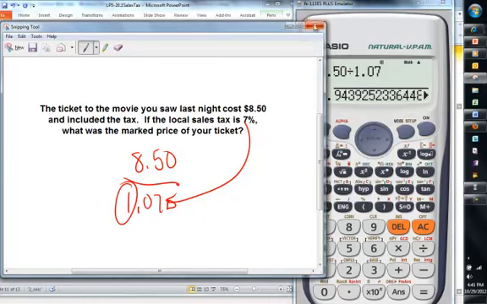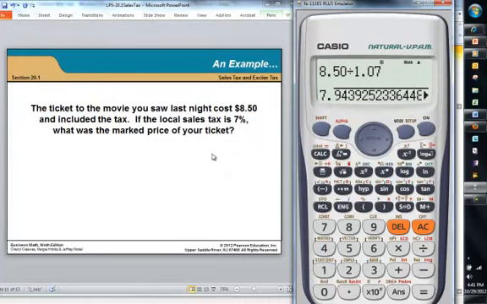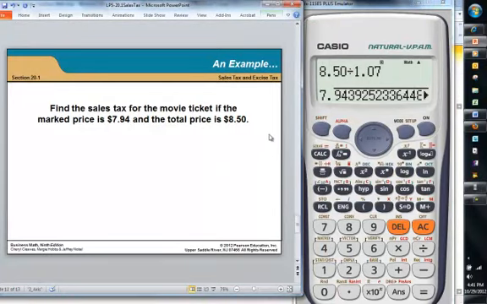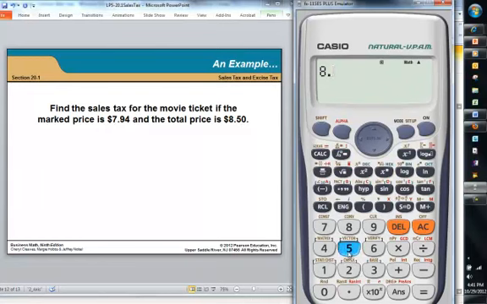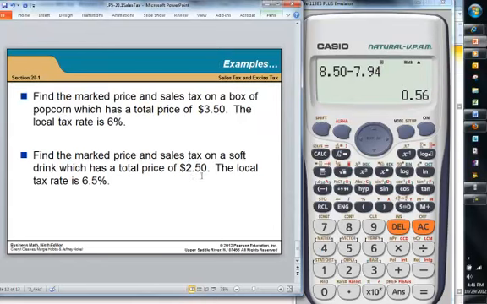Next one. Find the sales tax. Okay, so now we know that it's $7.94, so $8.50 minus $7.94 gives us the tax of 56 cents.